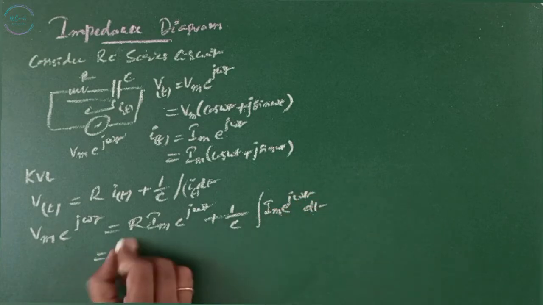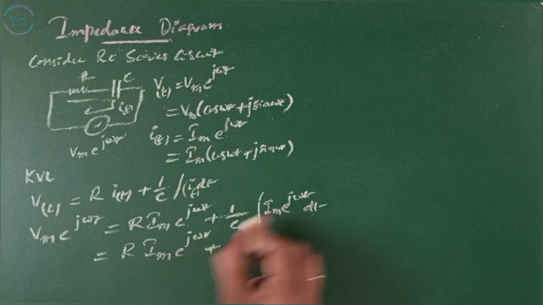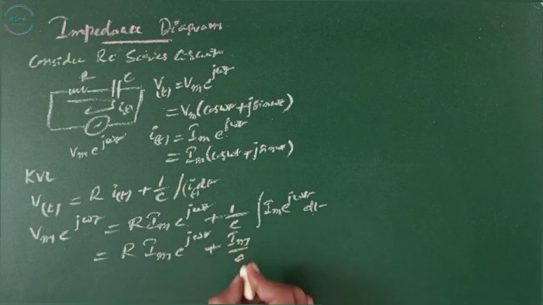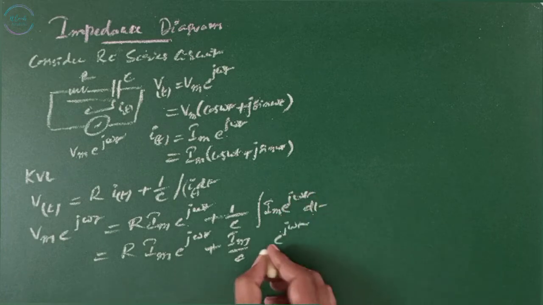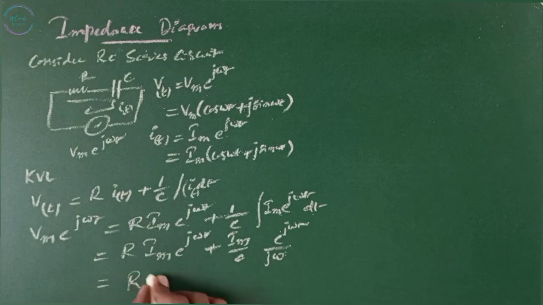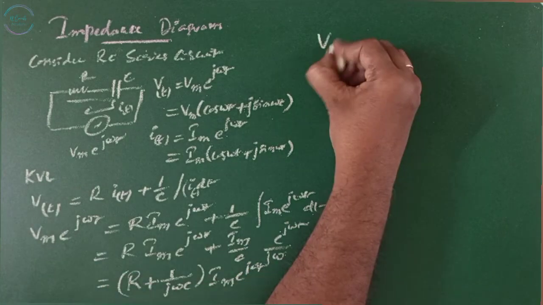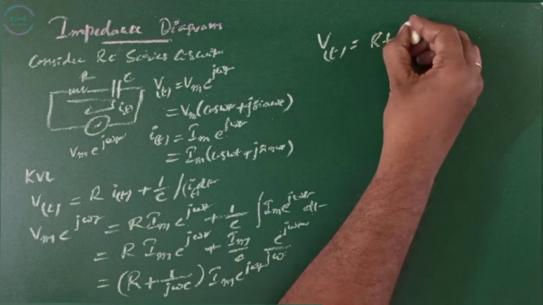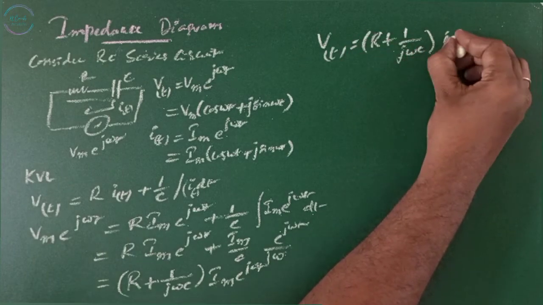This is R Im e to the power of j omega t plus Im by C, Im being constant, e to the power of j omega t when you integrate, divided by j omega. This we can write as R plus 1 by j omega C of Im e to the power of j omega t. V of t equals R plus 1 by j omega C of I of t.